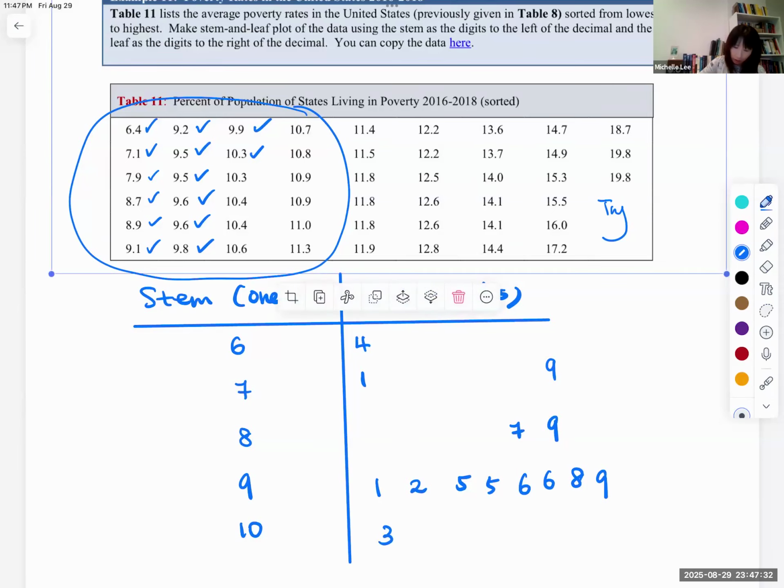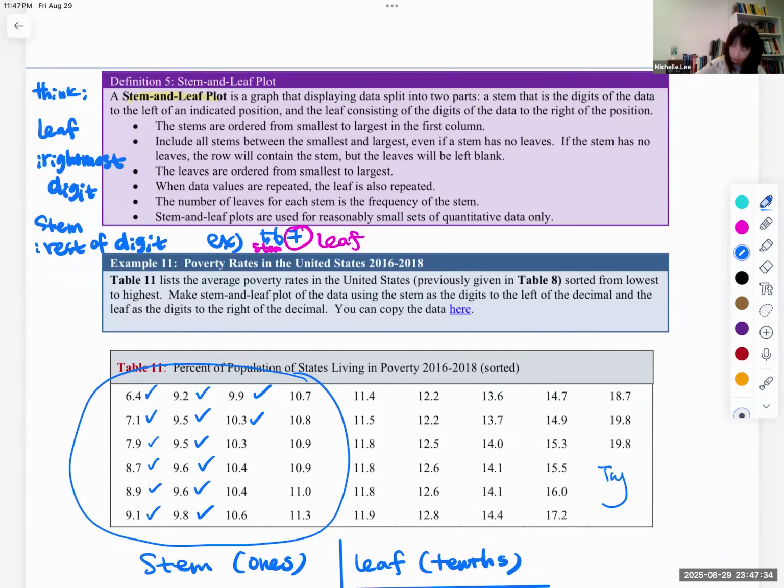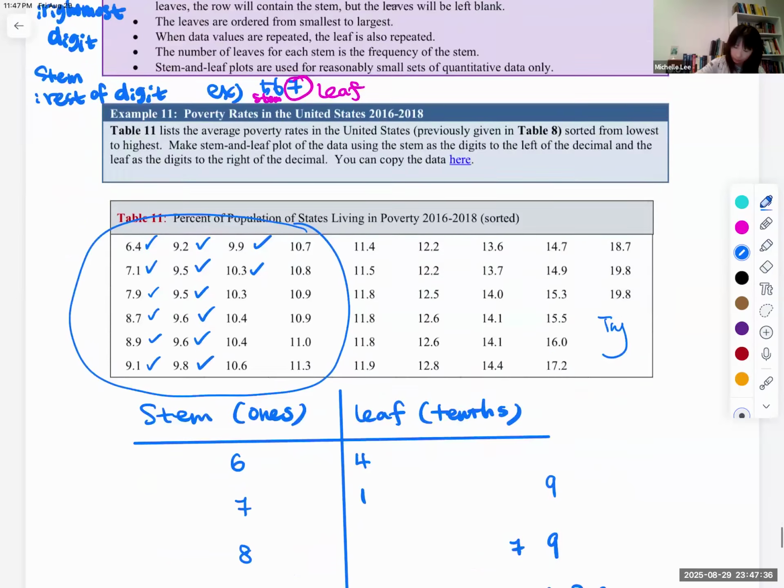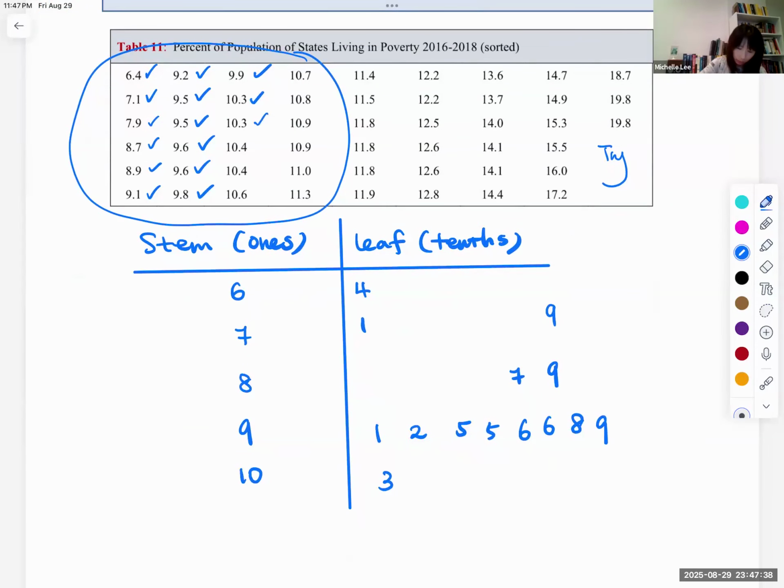And 10.3, then 10.4, 4, 6, 4, 4, 6, 7, 8, 9, 9, 7, 8, 9, 9.